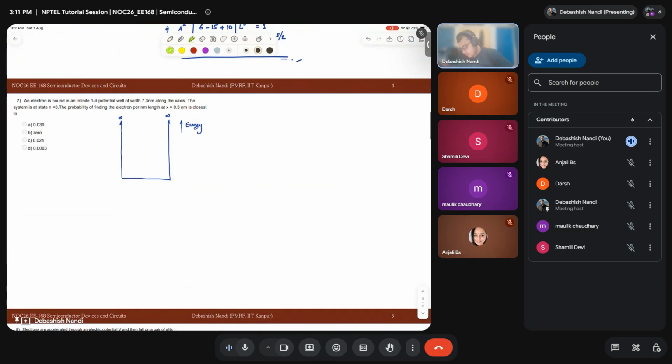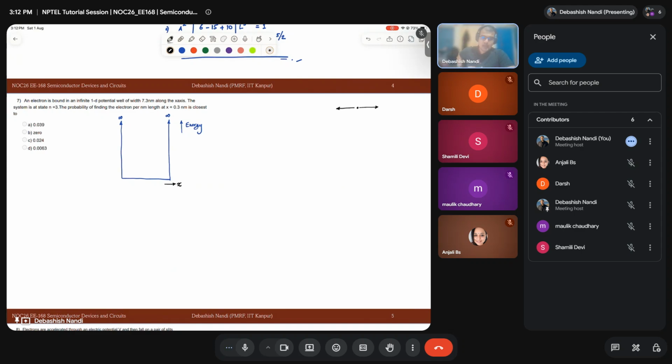So similarly, this is an infinite 1D potential well. 1D means this axis, space, I am considering in one dimension only. That means my particle can move either this way or this way.